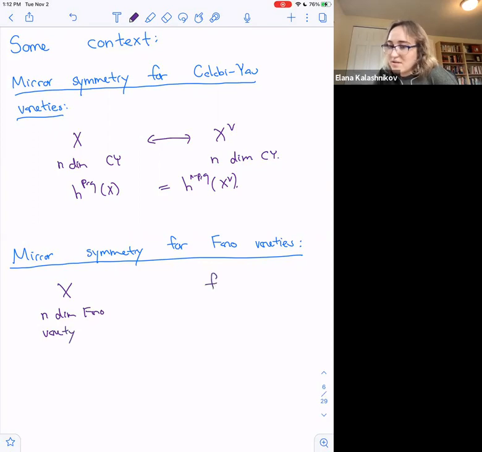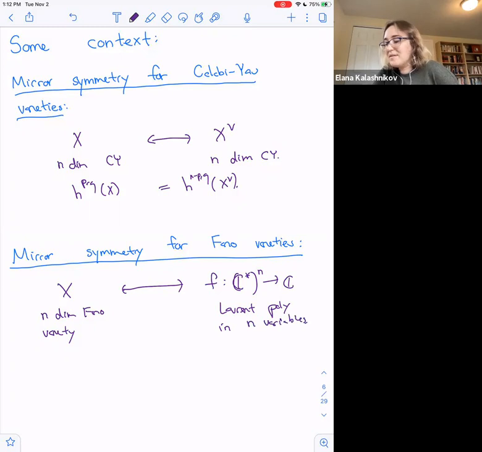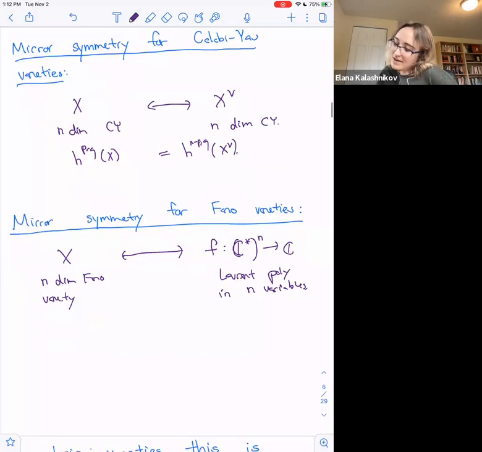Rather, it's the Landau-Ginzburg model, or more specifically, in some conjectures, a Laurent polynomial. So this is going to be a Laurent polynomial in n variables. And then there's a number of senses in which you could say a Fano variety is mirror to a Laurent polynomial f.